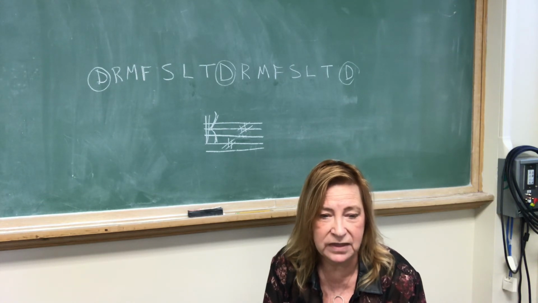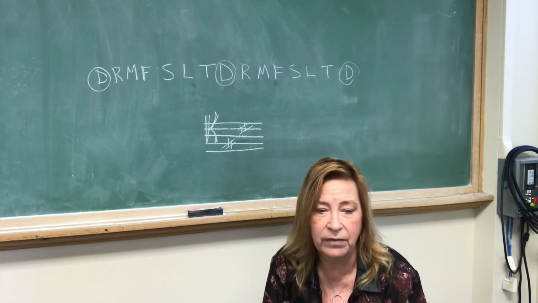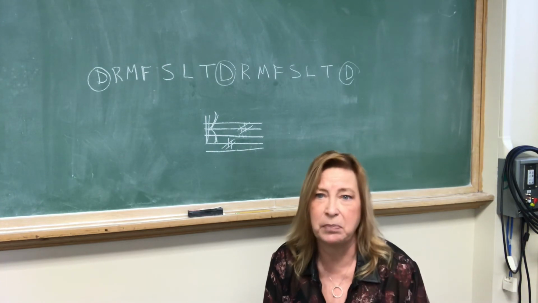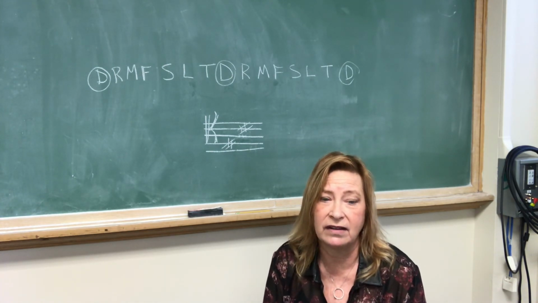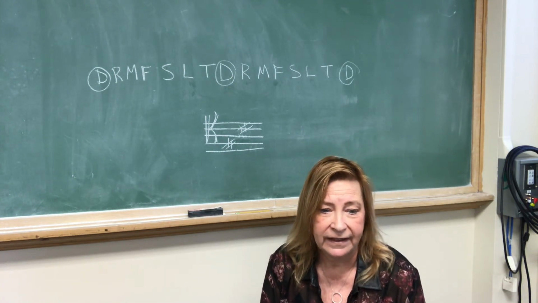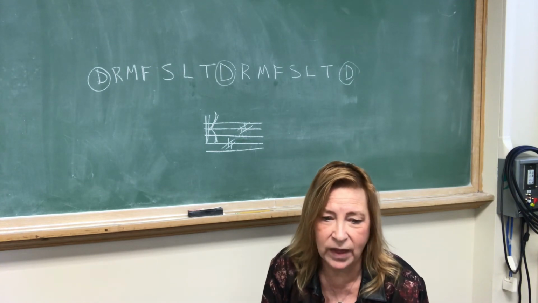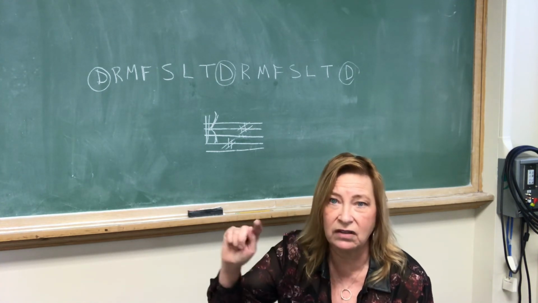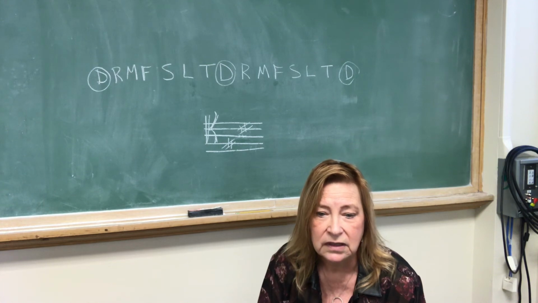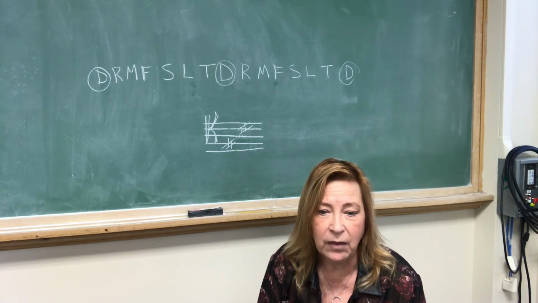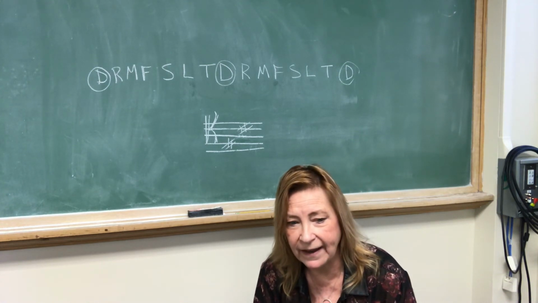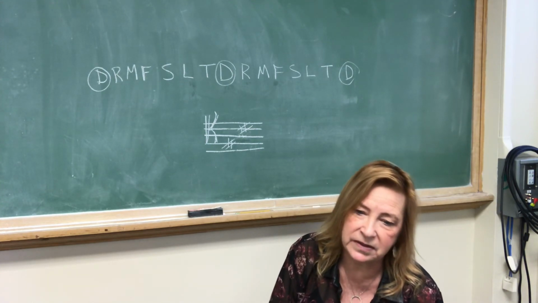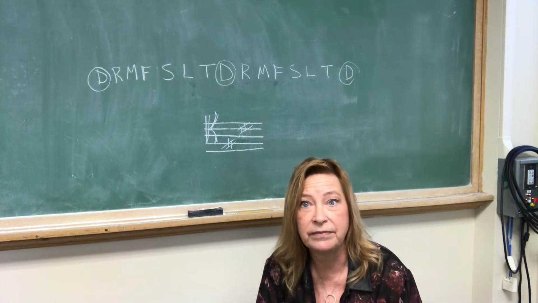This example, if you want to set up your paper, it's 2/4, and I have 6 bars. So go ahead and get that going. You can use your slashes on top if it's helpful. I will play the whole thing through, and then I'll probably do the first 3 bars, and then the last 3 bars for you.